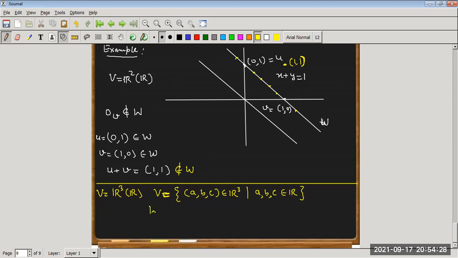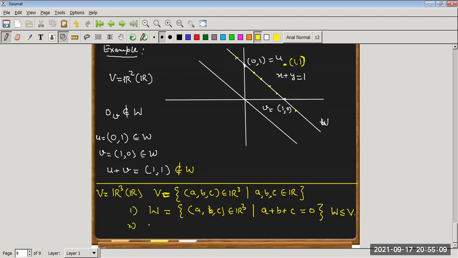Now consider W, the set of (a, b, c) in R3 with the condition a plus b plus c equal to 0. It is a plane, and 0 plus 0 plus 0 is 0, so 0 belongs to W. So if a plus b plus c equals 0, then it is a vector space, and we can say W is a subspace of V, right?